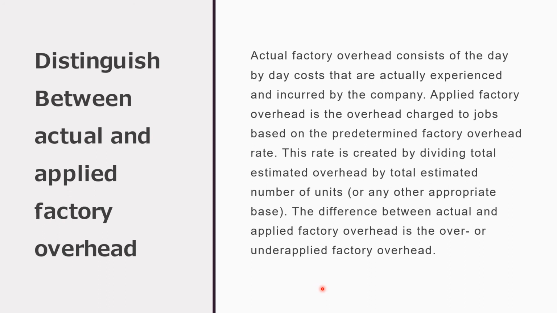So the number of units plays a crucial part in determining this, or more or less also the number of hours, labor hours, or direct machine hours. It really depends on the scenario. The difference between actual and applied factory overhead is the over or under applied factory overhead.